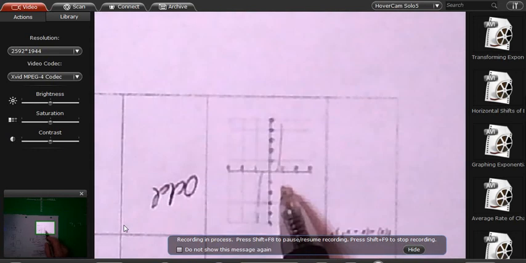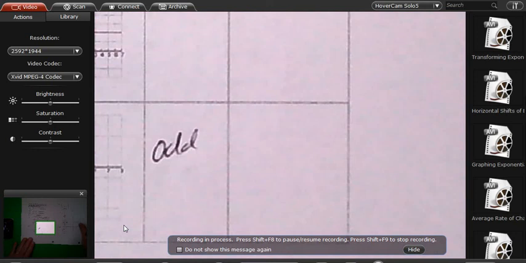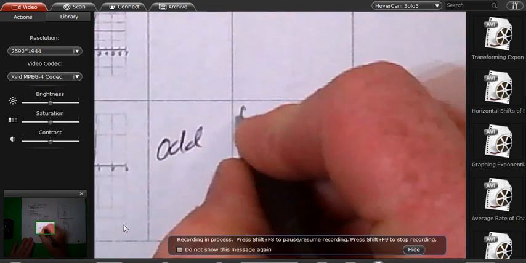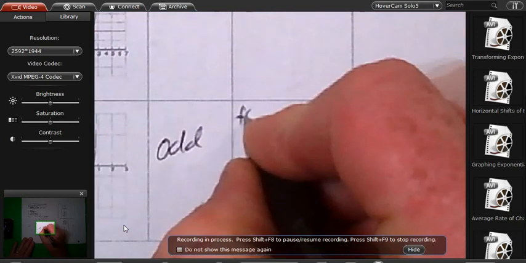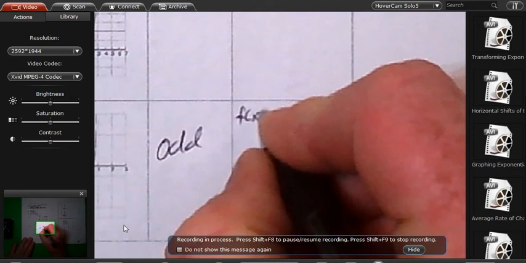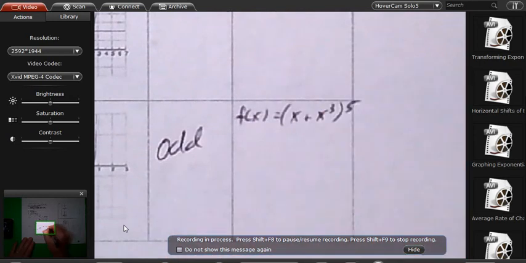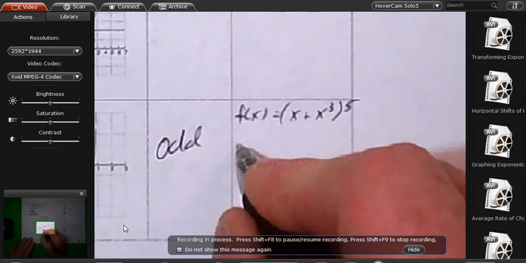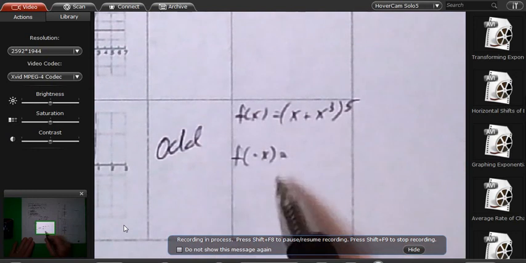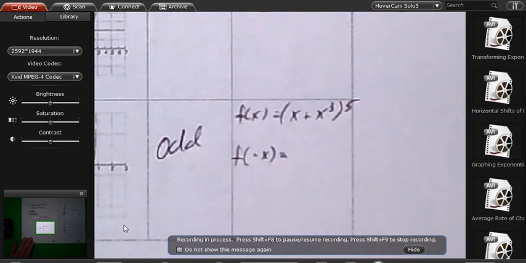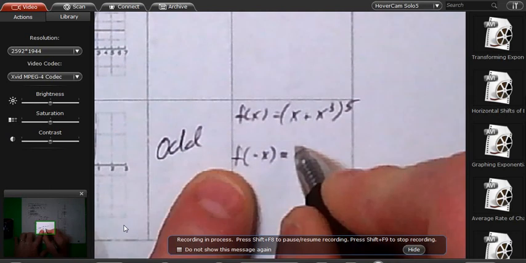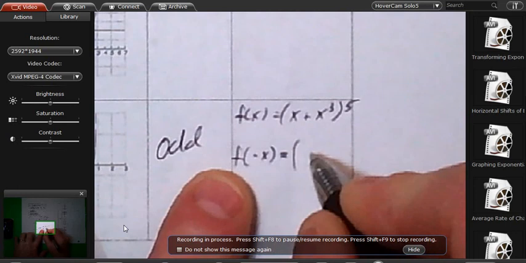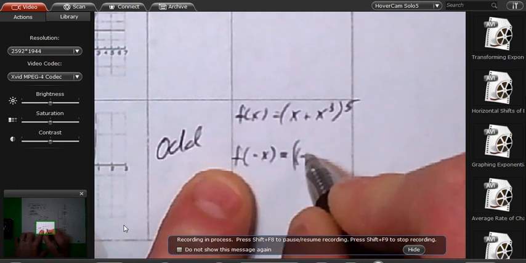So I'm going to rewrite my function. F of x equals parentheses x plus x cubed raised to the fifth. Now, everywhere there's an x, I'm going to plug in negative x because that's how I test it. So what I'll have is parentheses negative x plus parentheses negative x cubed and then raised to the fifth.